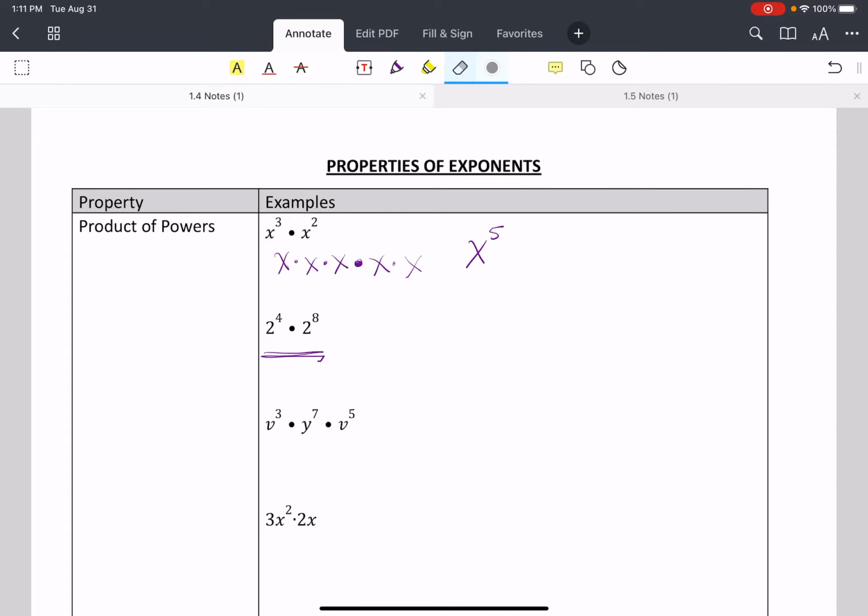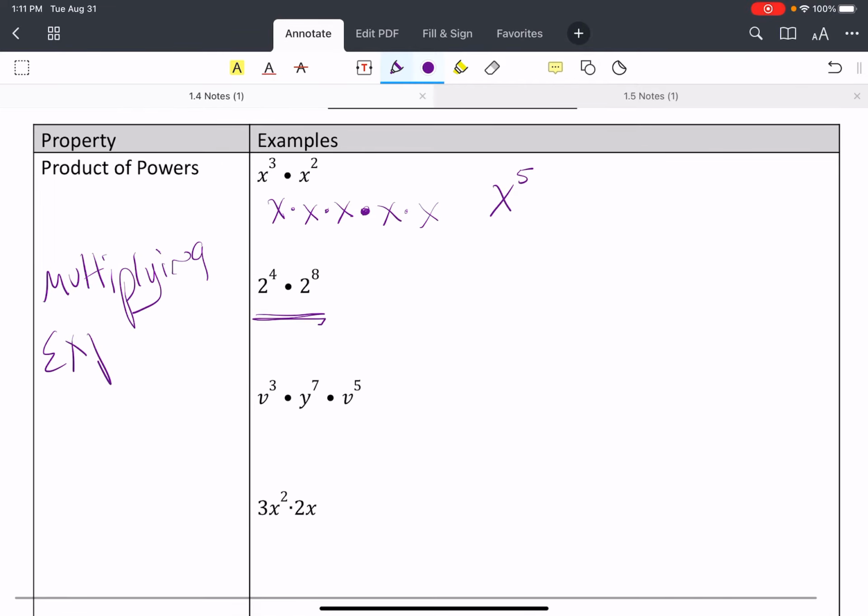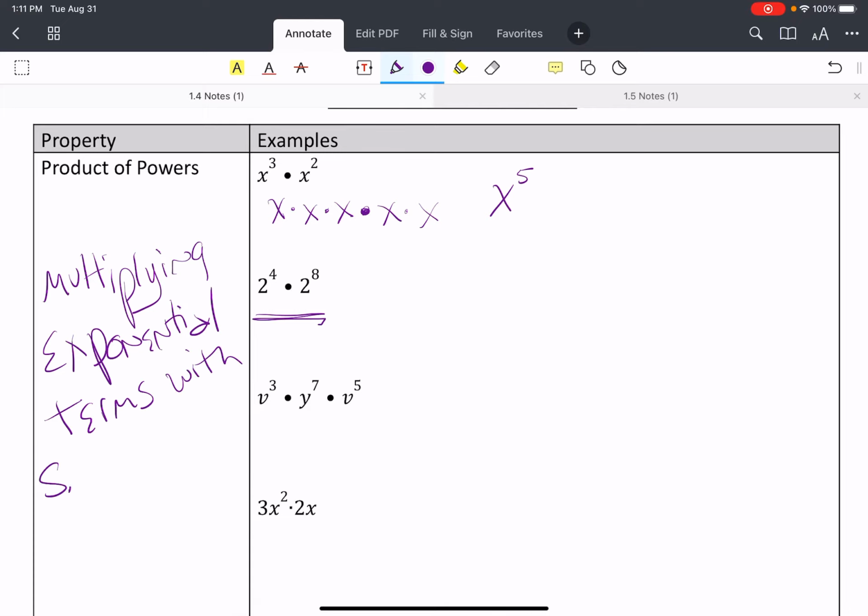If I am multiplying exponential terms with same base, add the exponents.